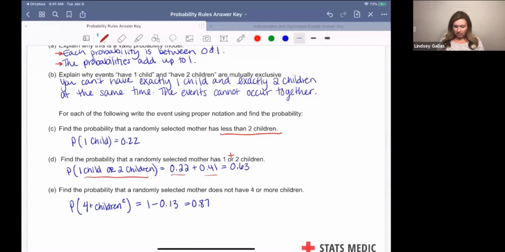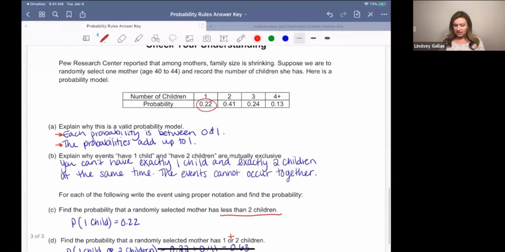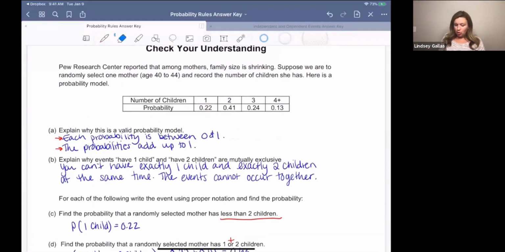And then in part E, find the probability that a randomly selected mother does not have 4 or more children. In other words, it is the complement of having 4 or more children. So when I look up here at my table, 4 or more children, that's this group right here. If there's a 13% chance, or a 0.13 probability, of having 4 or more, what's the probability they don't have 4 or more?